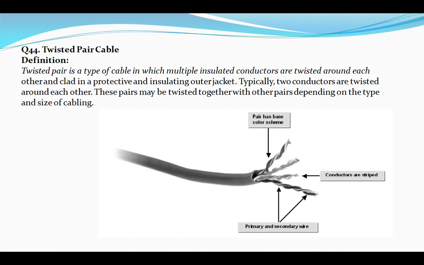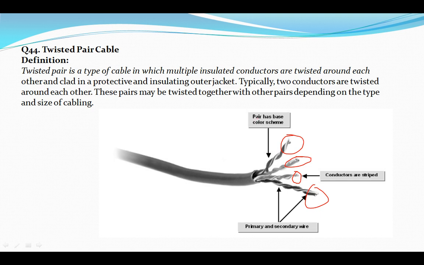Typically two conductors are twisted around each other, same thing I was telling. These pairs may be twisted together with other pairs depending on the type and size of cabling. So the basic thing is here we have four groups, and all are twisted with each other.